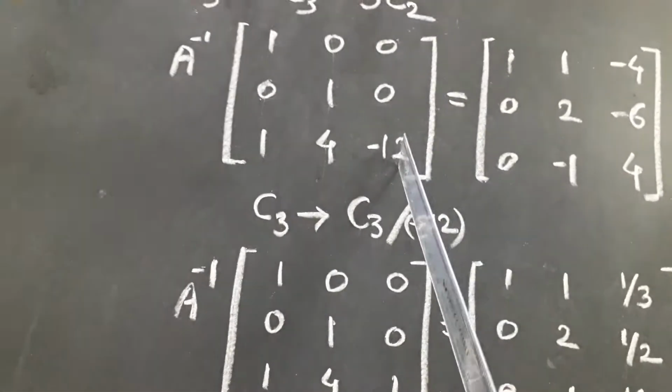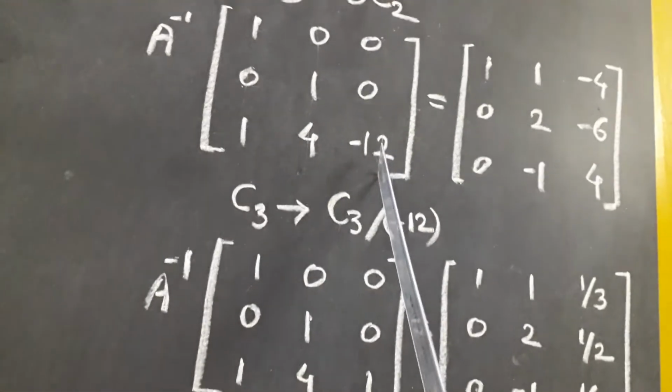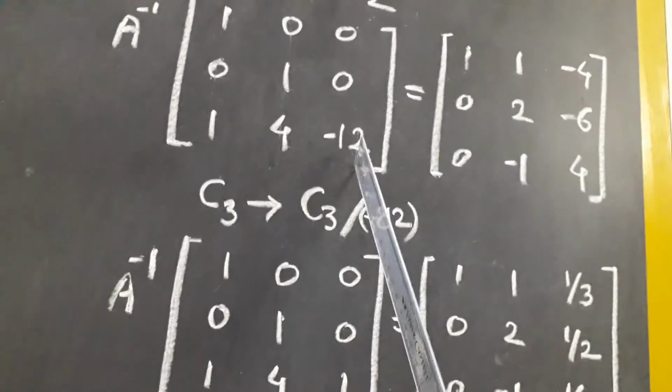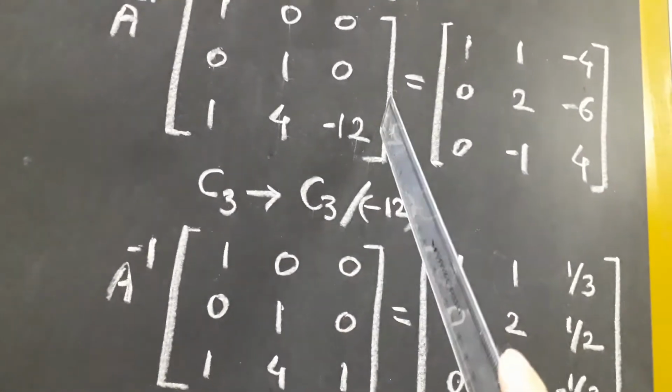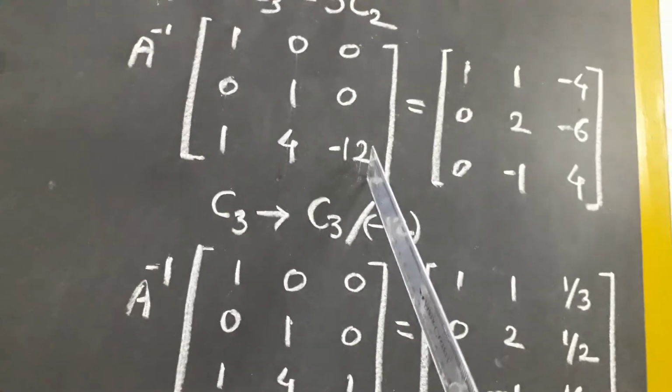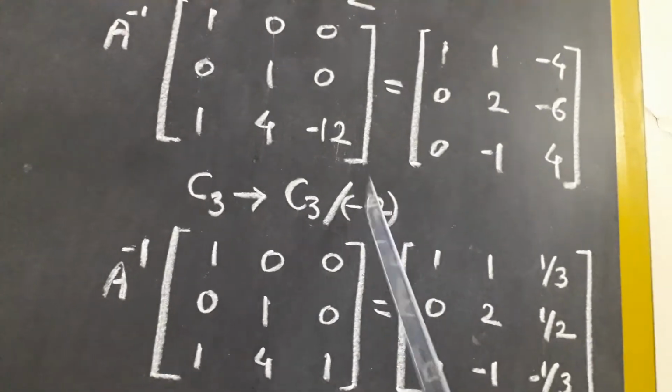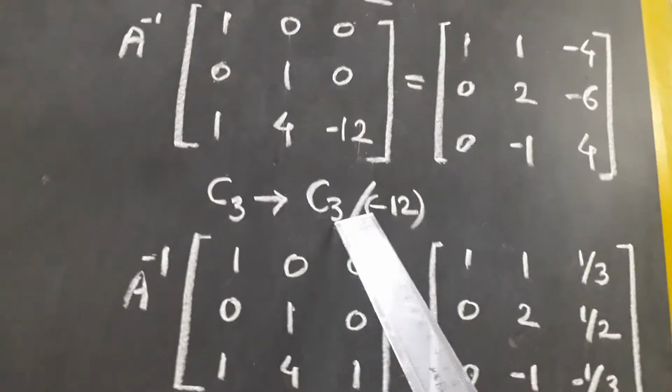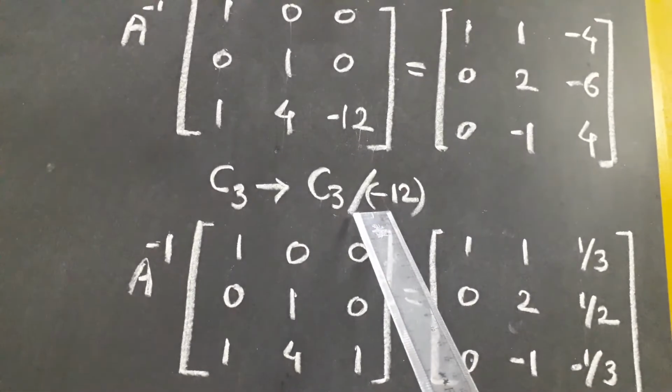So the only column remaining is C3, and with the help of C3 we want to bring 1 over here, and the only way out is to divide by minus 12.